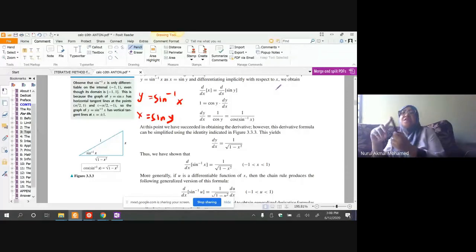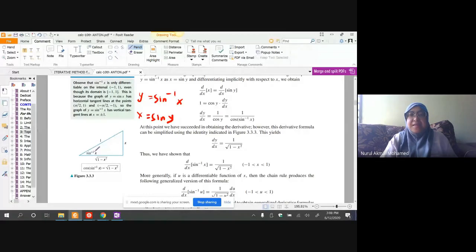To illustrate, arc sine of x is actually theta, so it is an angle. Let's draw a triangle here.